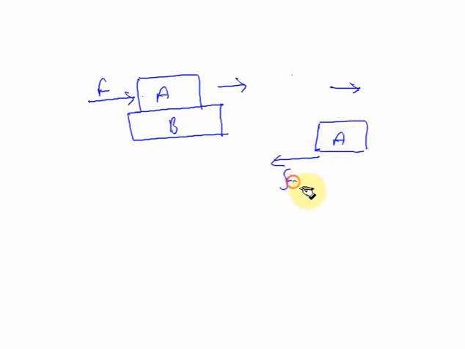So this is our friction force. Let's denote it by Fr. So the direction of friction force is always such that it opposes the direction of relative motion.